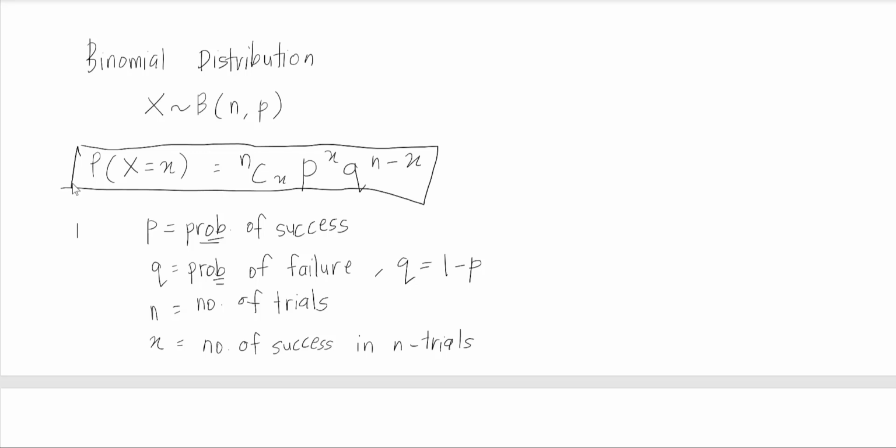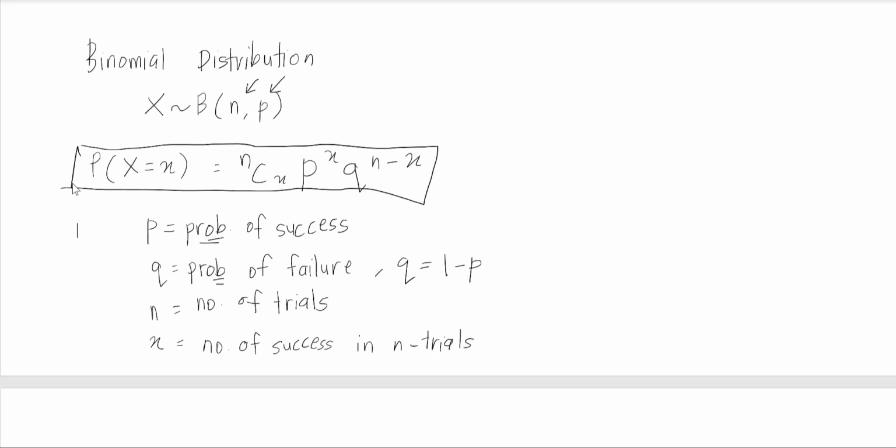It is a binomial distribution when you have n number of trials and a probability of success. So how do you know what the probability of success is? Usually we let P be equal to the probability of success. It depends on the question.